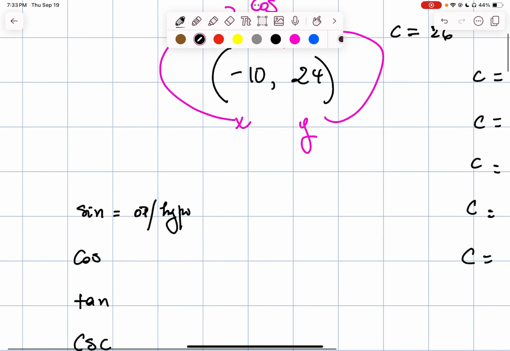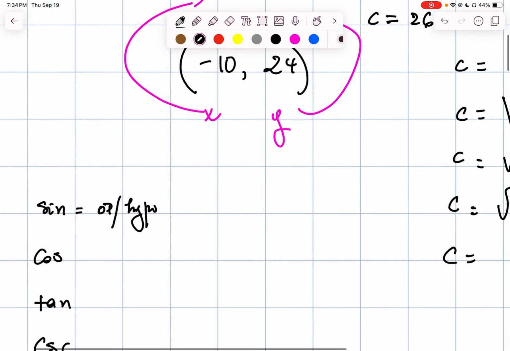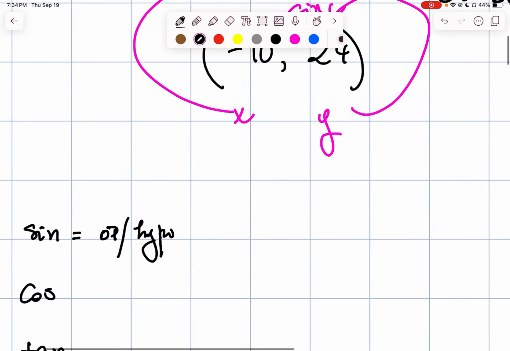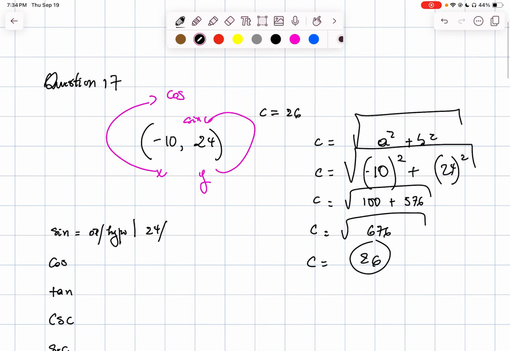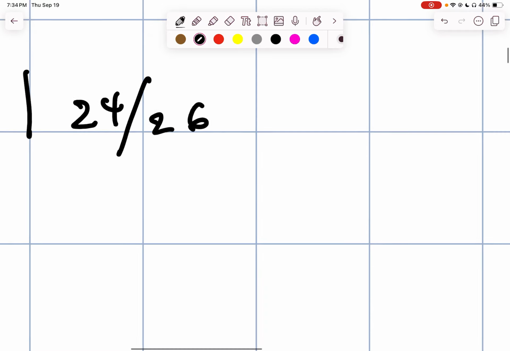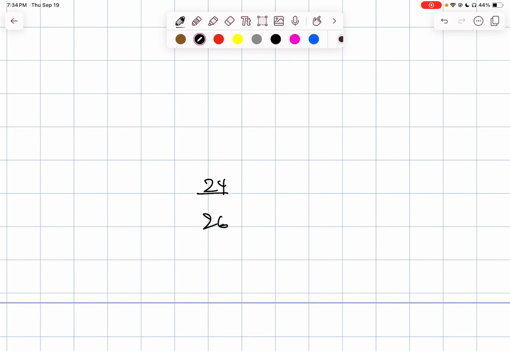So now we can go ahead and find sine. In the beginning I told you y is related to sine, so we put the opposite side, which is the 24, and that's the reason why y is related to sine. You take the 24, the y, and divide it by 26. 24 divided by 26 can be further simplified using 2. 24 divided by 2 is 12, and 26 divided by 2 is 13.